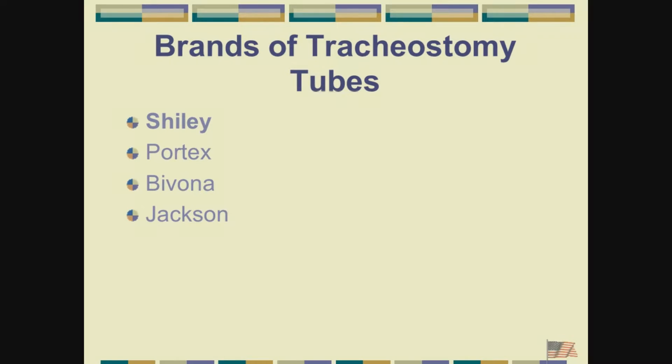The unique thing about Jacksons is they're metal. They're stainless steel. Because of that, they actually have a very low infection rate. They're unique in a couple other fashions, and we can pull out examples of them to show you. But one of the key parts is there's no 15 millimeter adapter to attach a resuscitation bag or anything else. We can pull those out in the lab.